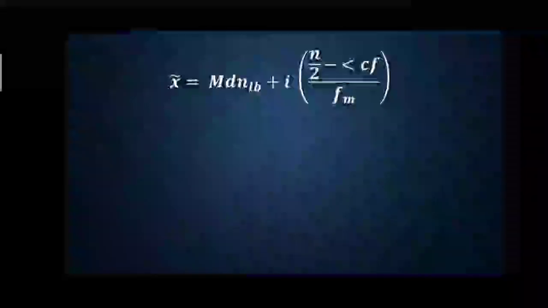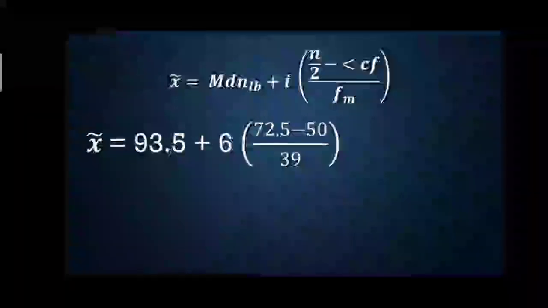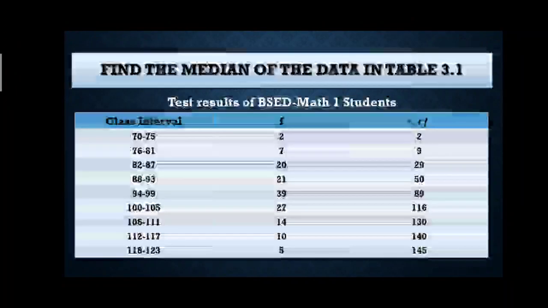So 145 divided by 2 is 72.50. So less than cumulative frequency. So 72 point five. So since our 72.5 is near to 89, our less than cumulative frequency is 50.